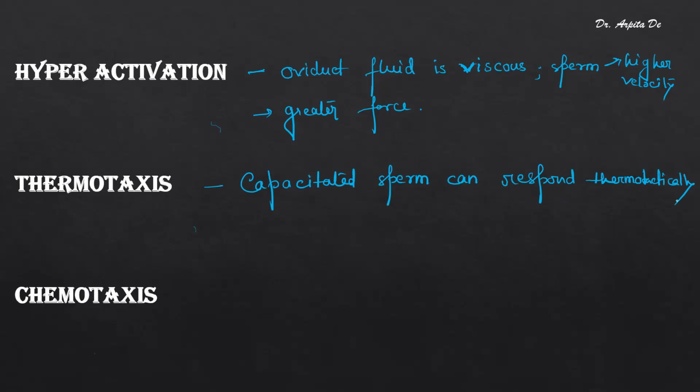Then what is chemotaxis? Remember, chemotaxis is the nearest range reaction, thermotaxis is moderate range, and rheotaxis is long range. The oocytes and cumulus cells may secrete chemotactic agents. Follicular fluids show some chemotactic ability.